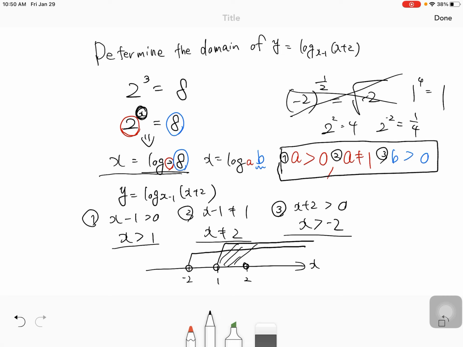So the region that satisfies all conditions is here, which means x has to be bigger than 1, and also x cannot be 2. These are the x values that meet all conditions and make this function work.